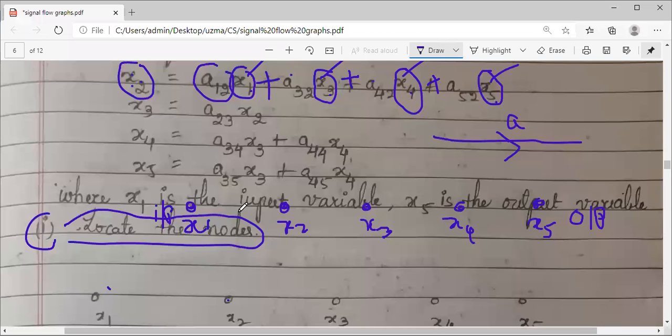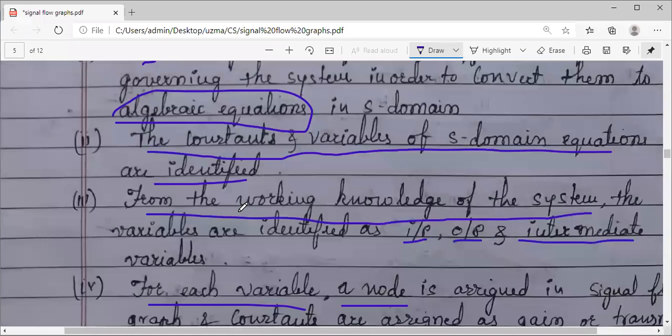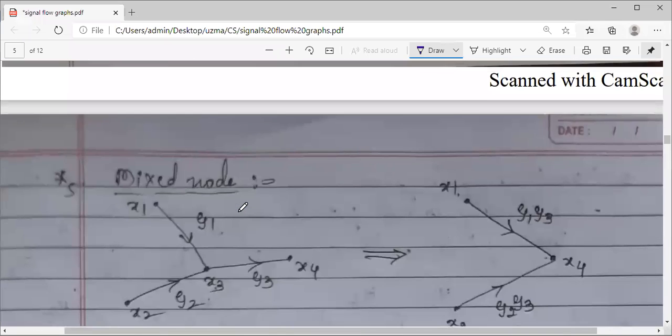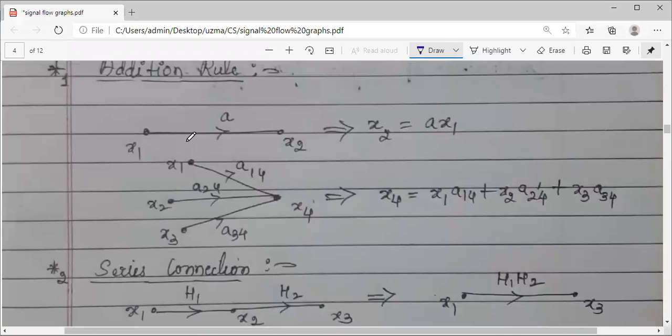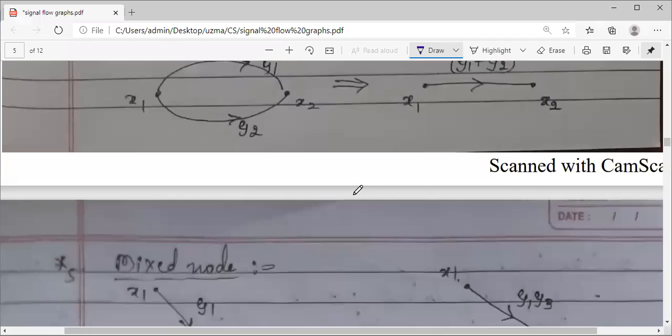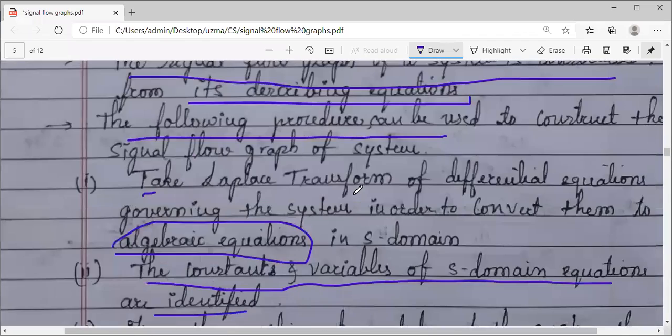This kind of property, this notation, we have already seen. Let me just show you. Addition rule. See the addition rule. Whenever you have incoming signals like this, you need to add them. So from the addition rule, I have drawn the signal flow graph for the first set of equations.